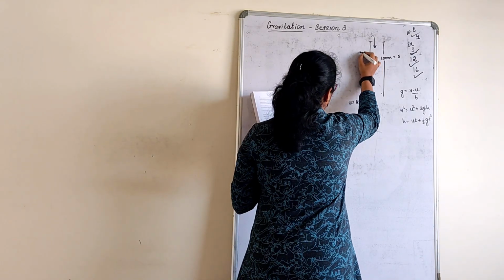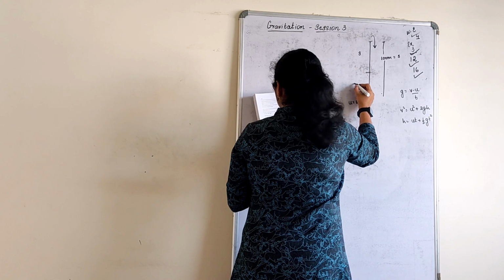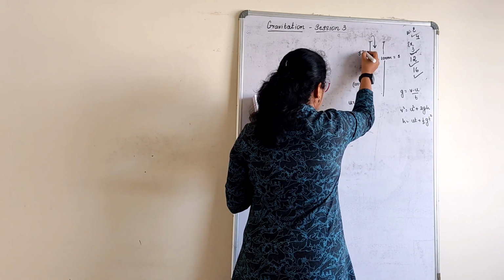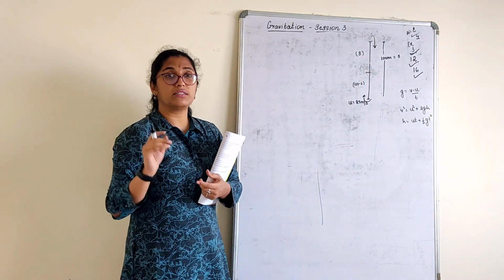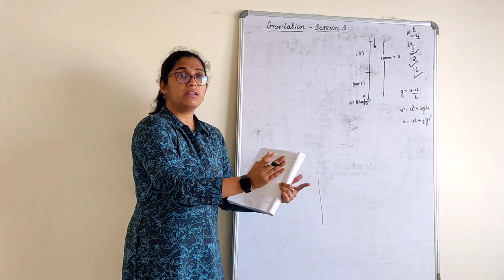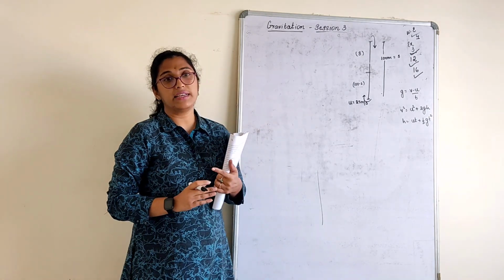Then I will consider this distance as S, and this distance 100 minus S. We do the same thing in mathematics, right children? Like if the total distance is S, or total distance is given as 100, this will travel S distance, this will travel 100 minus S distance.